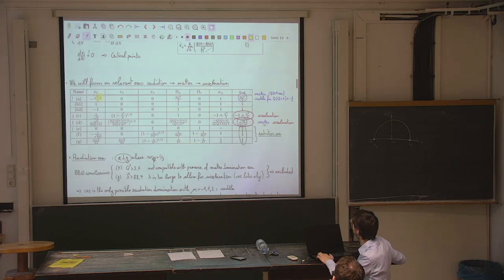Therefore, we have a matter domination in this case. Okay? Still with some acceleration, that's because the matter field that we have there is sort of a little bit weird in terms of the equation of state parameter.